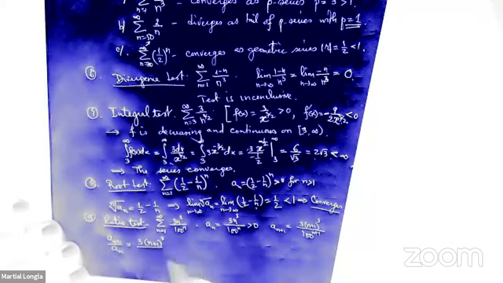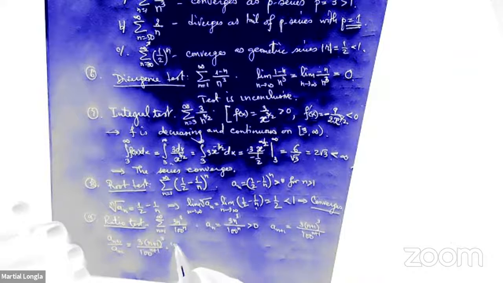And then an plus 1 over an is equal to 3(n plus 1) cubed over 100 to the power n plus 1, times, we multiply by the inverse of this, so that's 100 to the power n over 3 times n cubed.